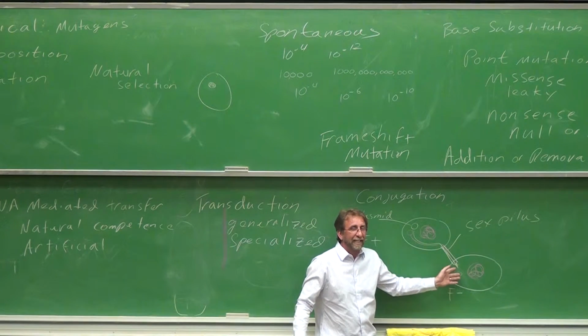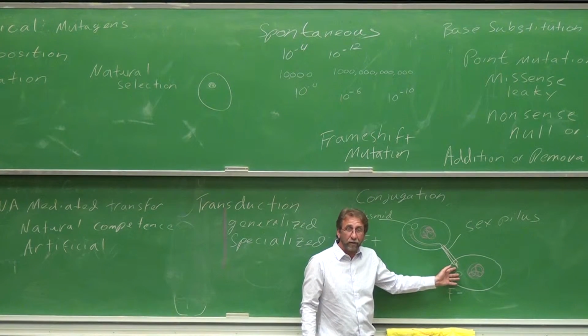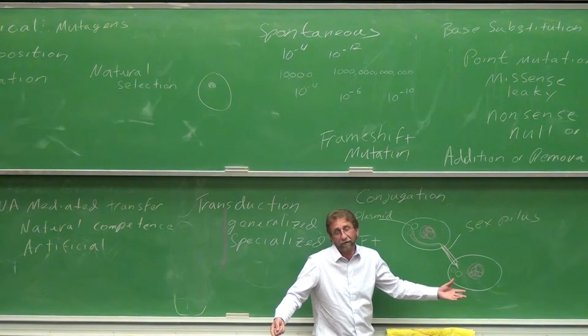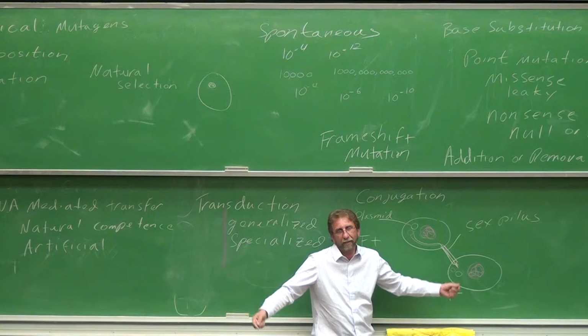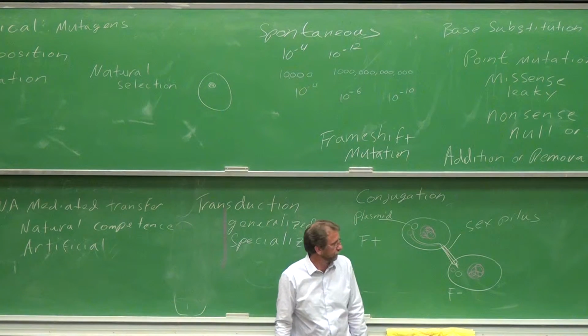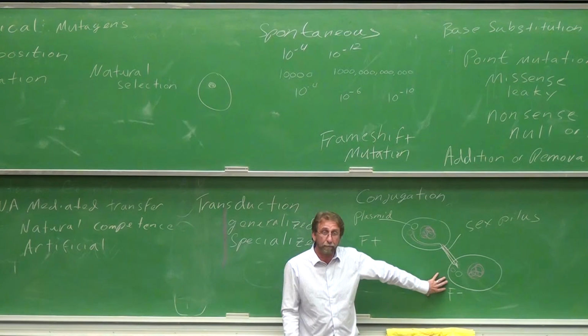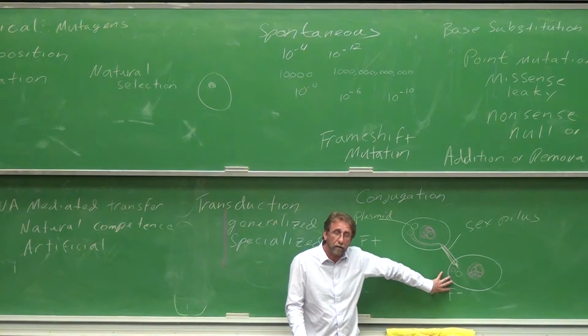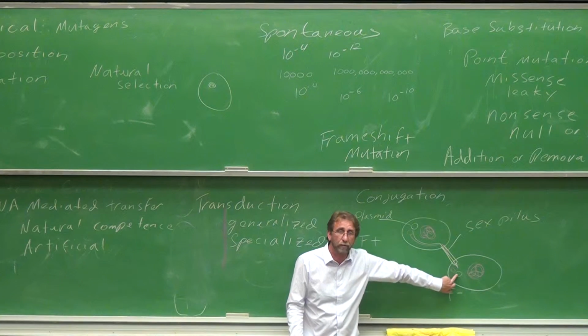And so not every F minus cell is being converted. And so that F minus cell, when it replicates into two F minus cells, they replicate into two F minus cells, by using binary fission? Yeah. So when this replicates by binary fission, the plasmid will replicate with it. And so the daughter cells will have the plasmid as well.